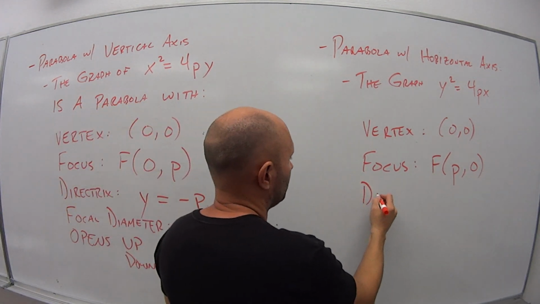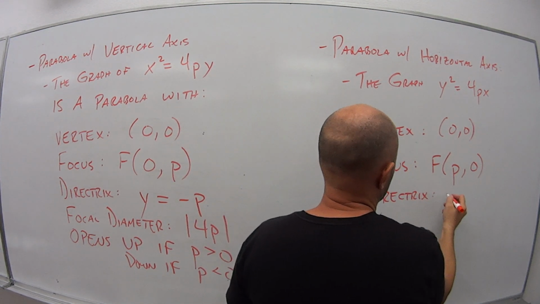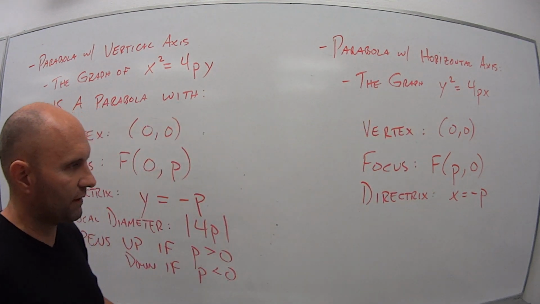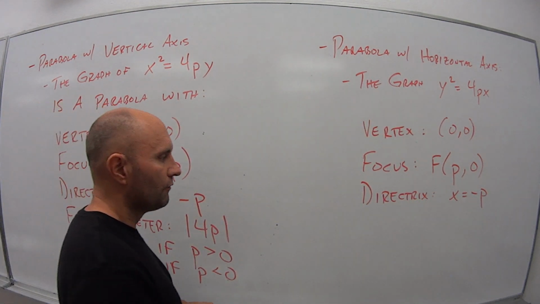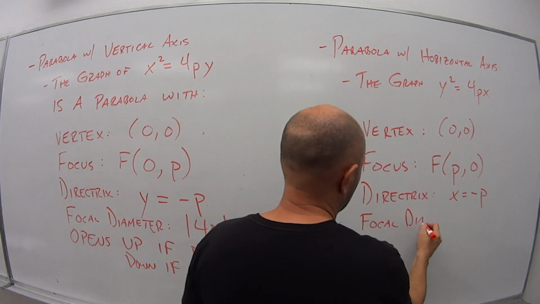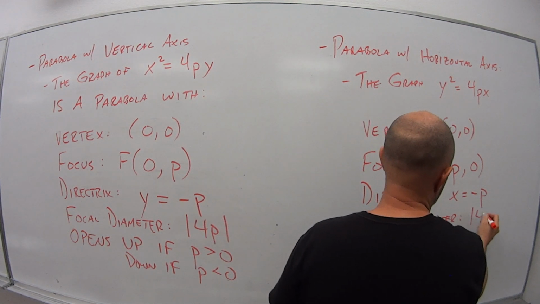And the directrix, because now it has to be a vertical line, is x equals negative p, whatever that value for p is. Focal diameter is still the same, because we're talking about a length, so it's just the absolute value of 4p.